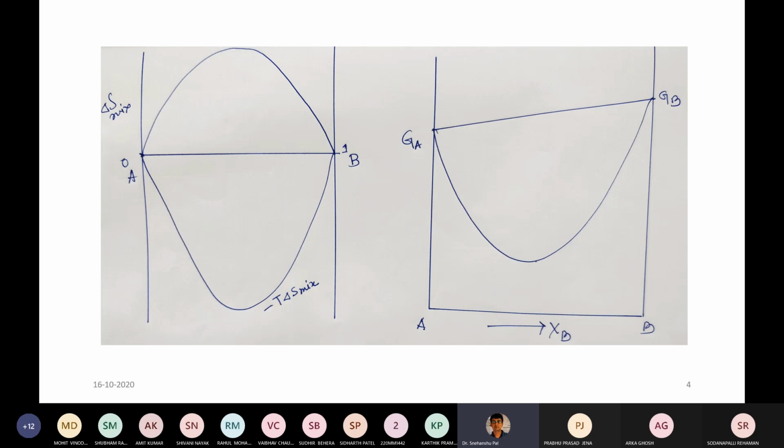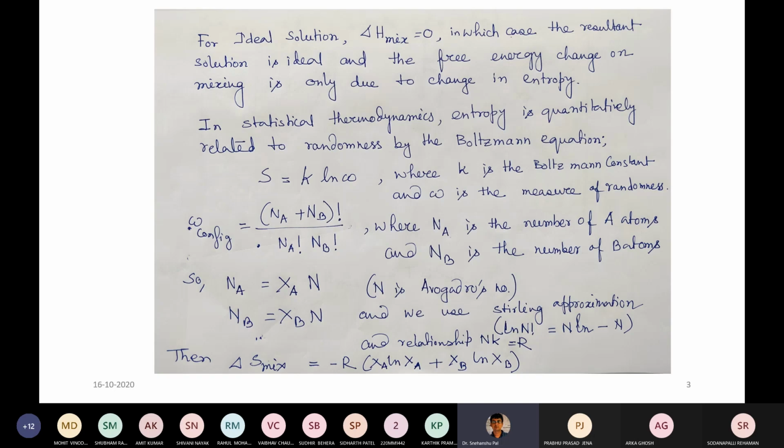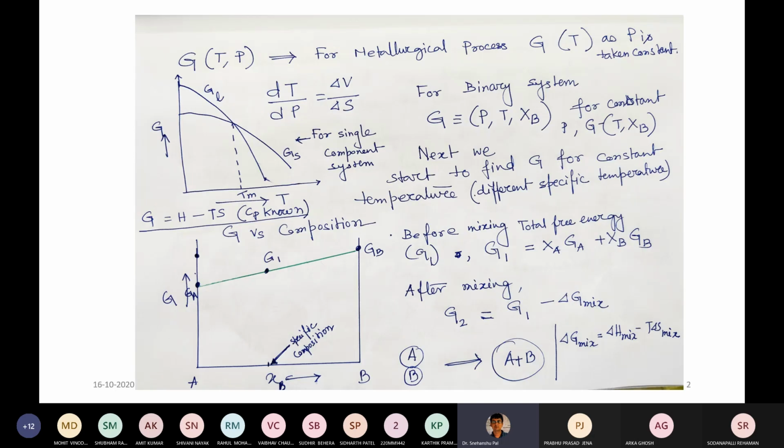And if you see previously, we only got a scenario where the total free energy before mixing is plotted, that is a linear line, and we used a linear rule of mixtures. So when we use the rule of mixtures, we only get G1, but due to the mixing process our Gibbs free energy will be G1 minus del G mix.